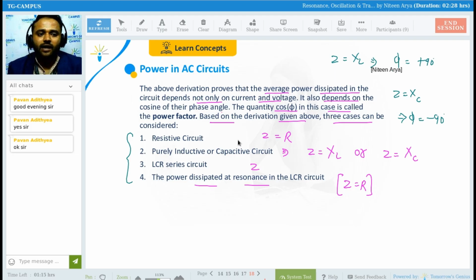The phase angle between I and V is going to be in this way. Here the voltage is going to be ahead and current lagging behind, and here the current is ahead and voltage lagging behind. In the resistive case, phi is 0. The voltage and the current are in the same phase, and there is no phase difference between them.